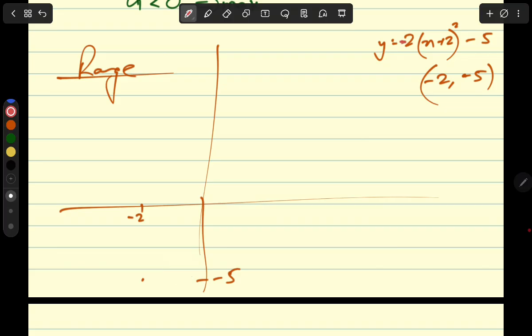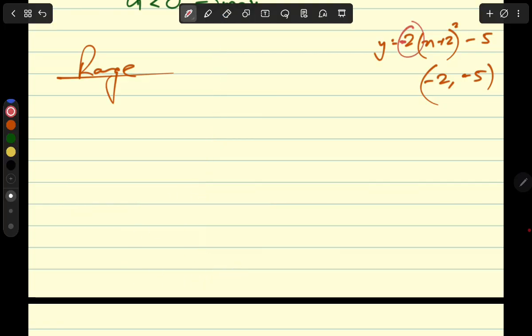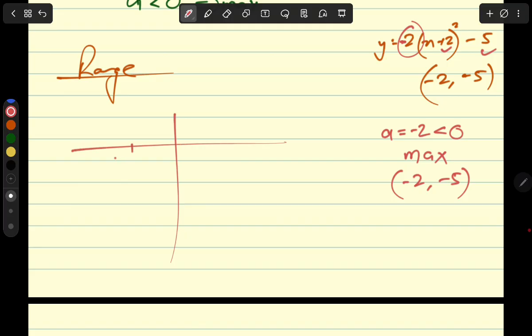Because a is minus 2, which is less than 0, this is going to be a maximum curve. The turning point is at minus 2 comma minus 5. Therefore I can draw the curve like this, and the curve opens downwards.